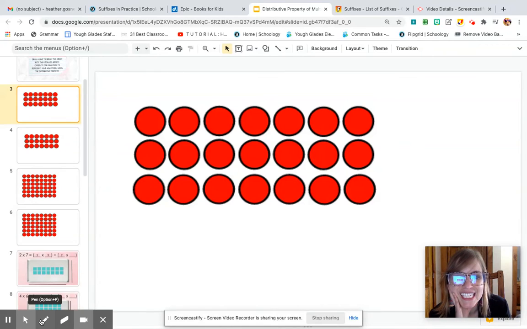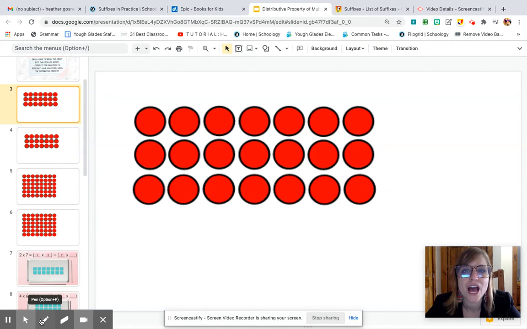Third grade. Today we worked with distributive property. Now, distributive property is a property of multiplication that can be used to take hard and difficult problems and make them easier.